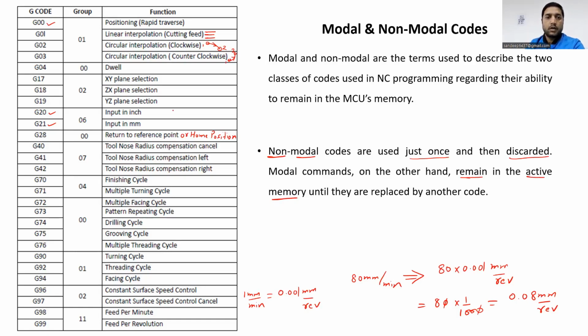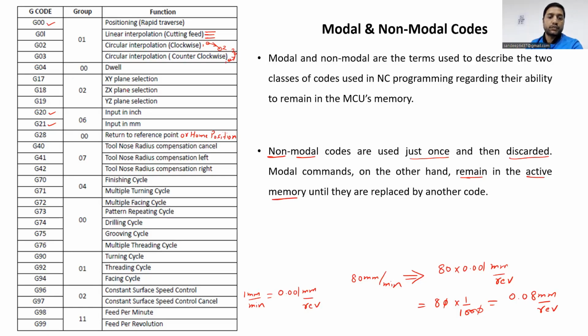Now, as you can see here, all these G codes are grouped in different categories based on their functions. What does it mean? Let us take an example of G00 and G01, because they belong to the same category. It means that we cannot invoke G00 and G01 at the same time, because it would be analogous to putting our car in reverse and drive at the same time.